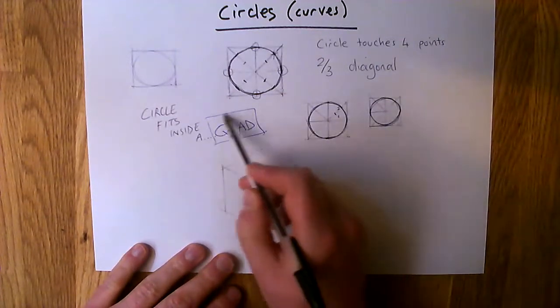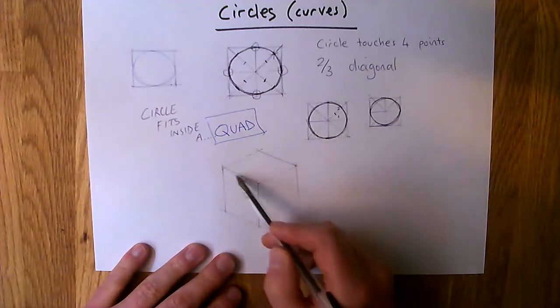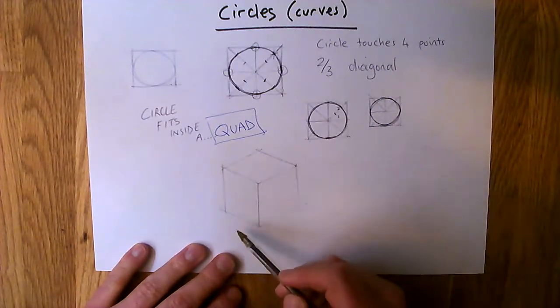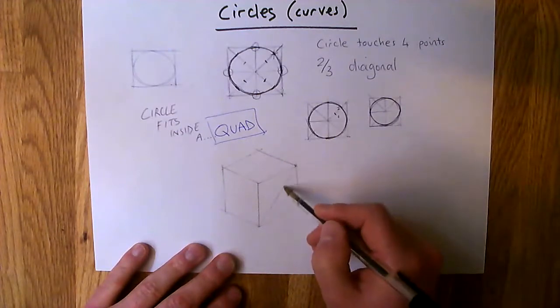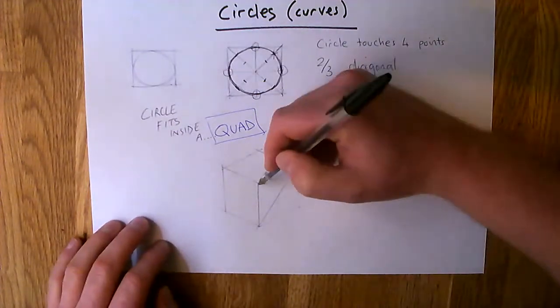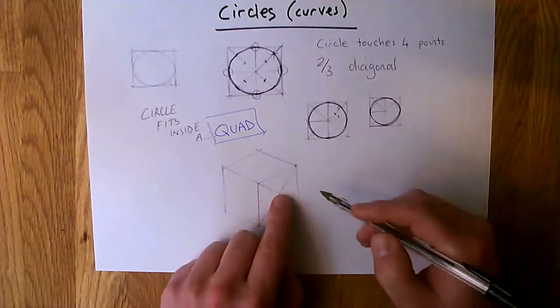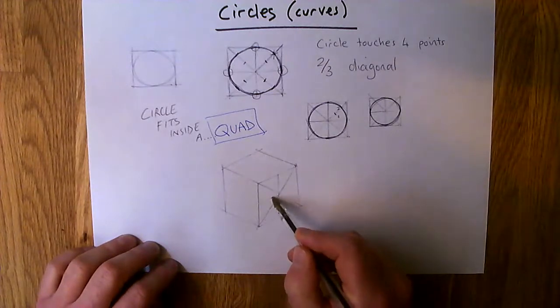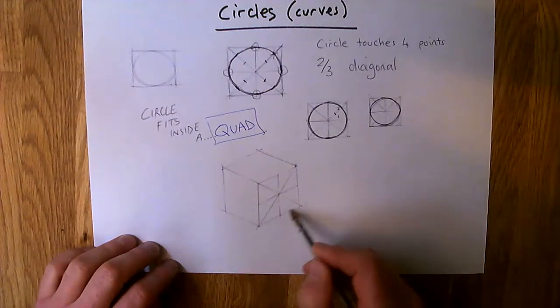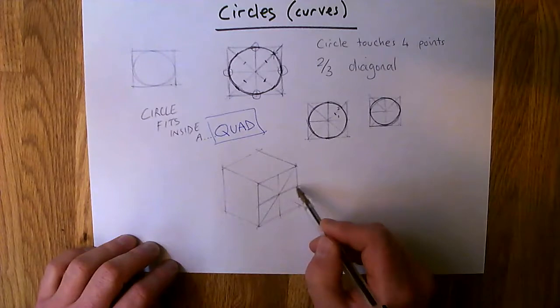They still have four sides, so they're still quads, but they're no longer square. But that doesn't matter because we put in our construction lines. We go from corner to corner, that gives us the centre, and from the centre we put in a vertical and we put in a horizontal, which has to be at 30 degrees because those are the only angles we're allowed.